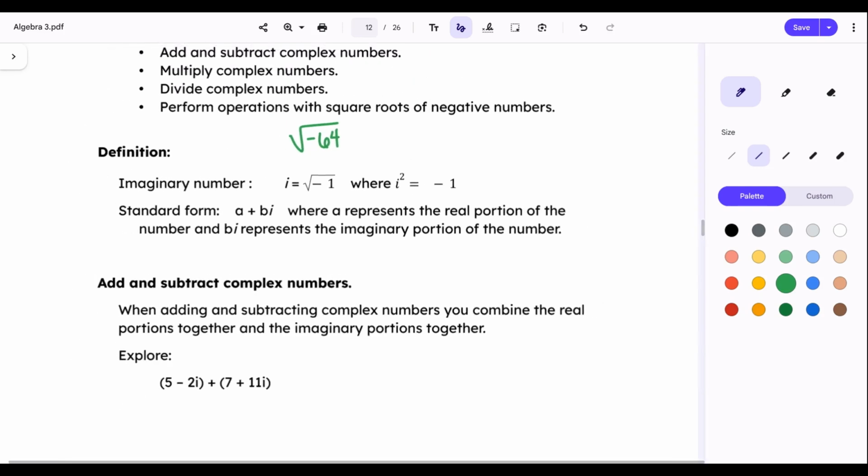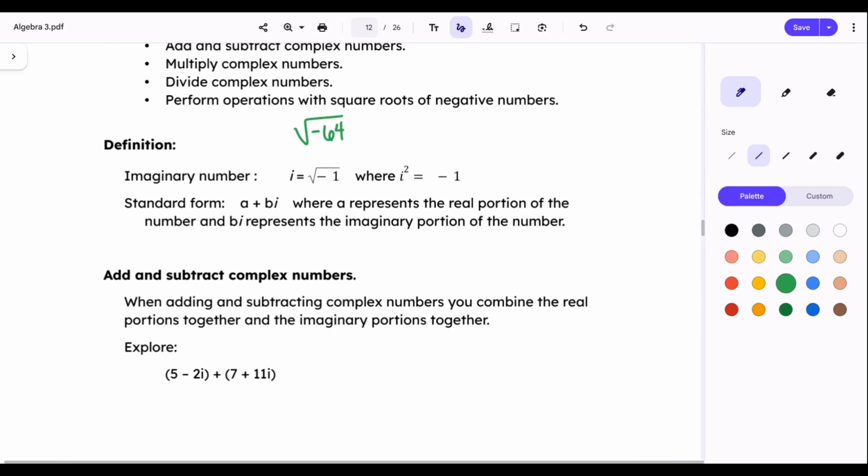Where these come from, why we talk about this, is because if you think about a graph of a parabola, a quadratic equation, which we've seen already in this chapter. The parent graph for the quadratic function hits the x-axis one time at the origin, and that would be the solution.